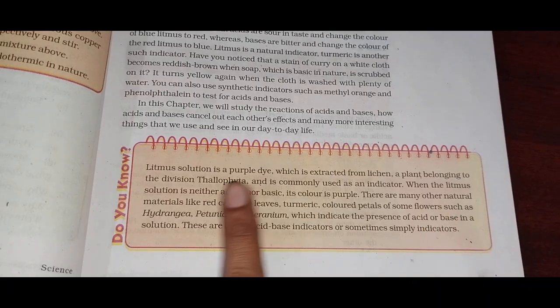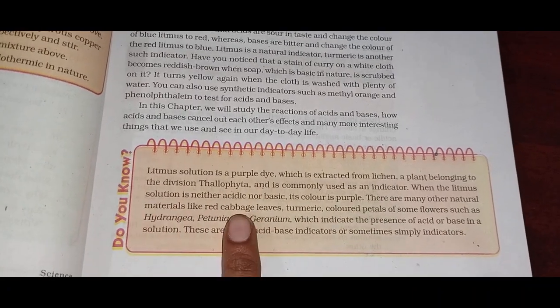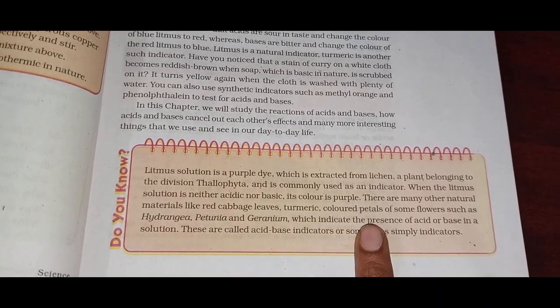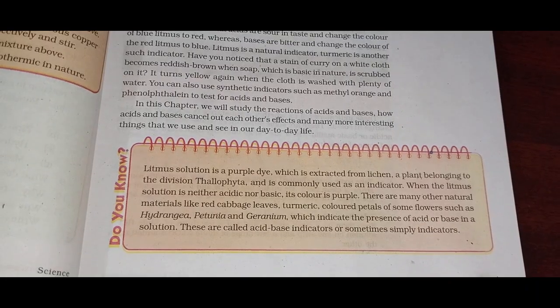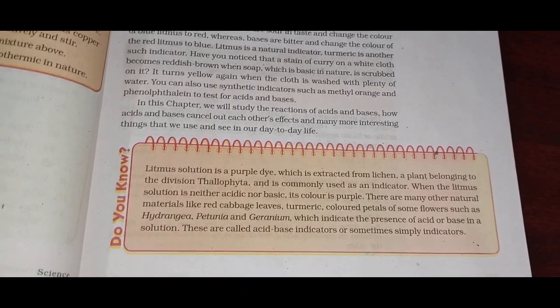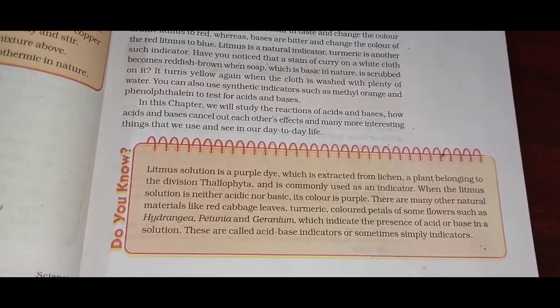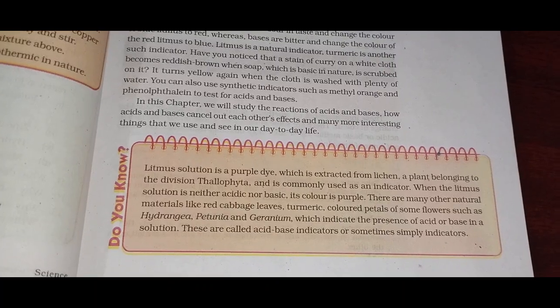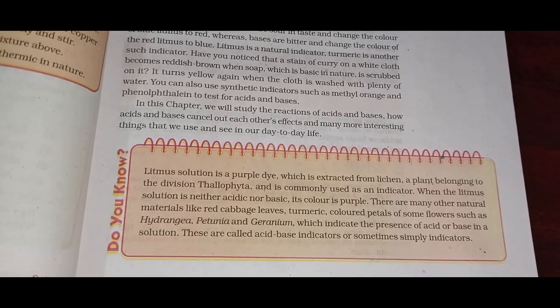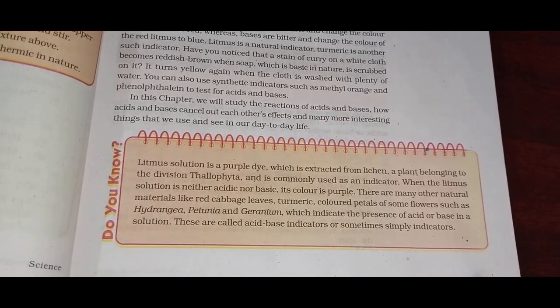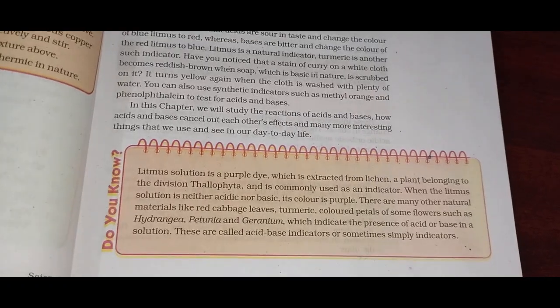There are many other natural materials like red cabbage leaves, turmeric, and colored petals of some flowers such as hydrangea, petunia and geranium, which indicate the presence of acid or base in a solution. In simple terms, we call all these acid-base indicators.